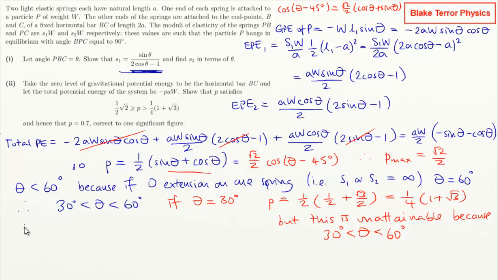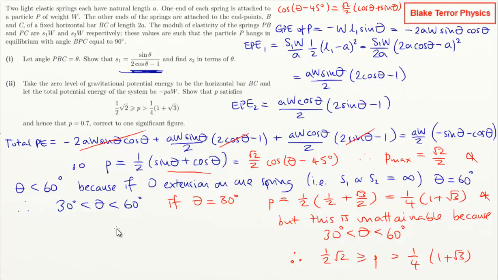So therefore P has to be, which way round did they write it? They've written it that way round. It has to be less than or equal to a half of root 2 from this bit, and it has to be greater than a quarter of (1 plus root 3) from this bit. Hence P is 0.7 correct to one significant figure.